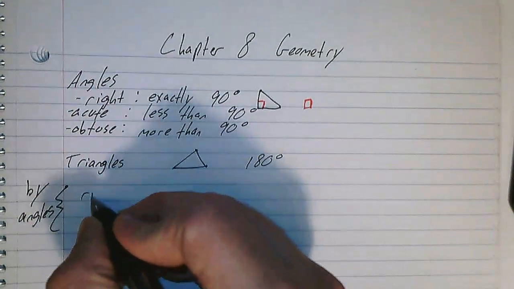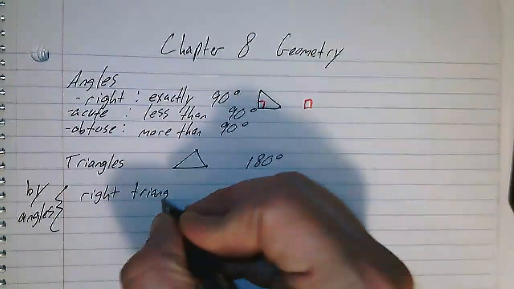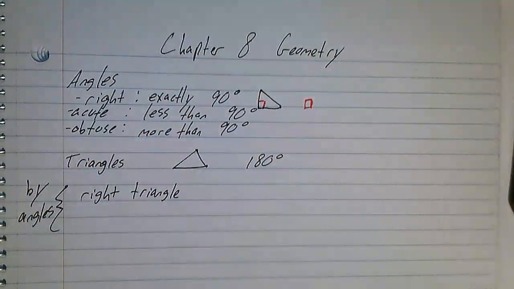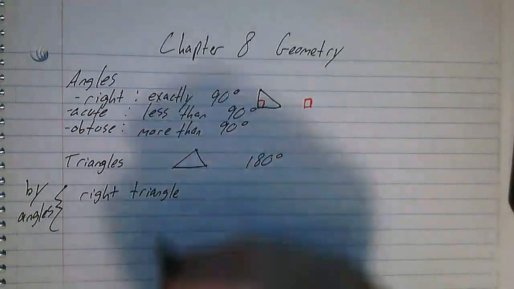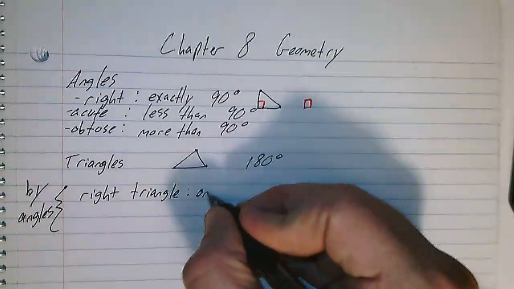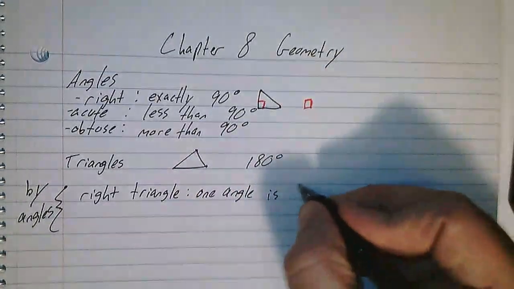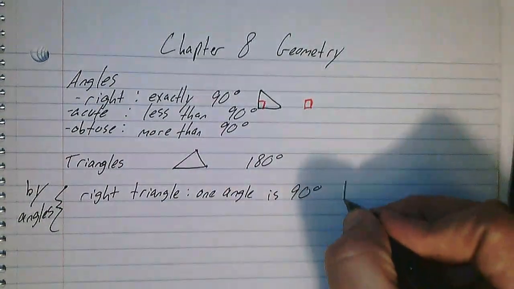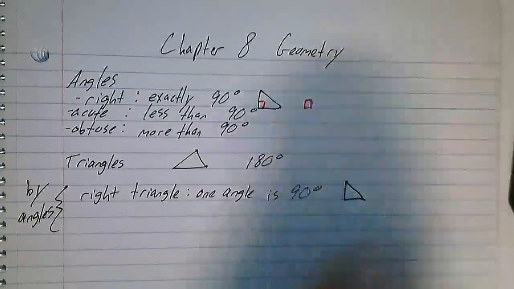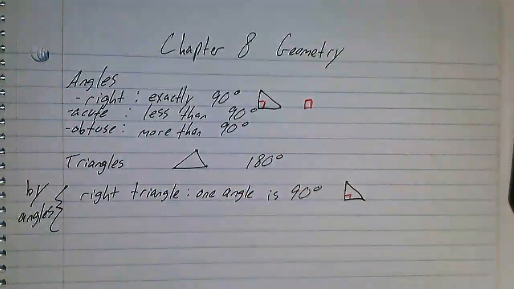We have a right triangle, which I just sketched there. In a right triangle, one angle is 90 degrees. And you'll be able to spot that angle with the little symbol.